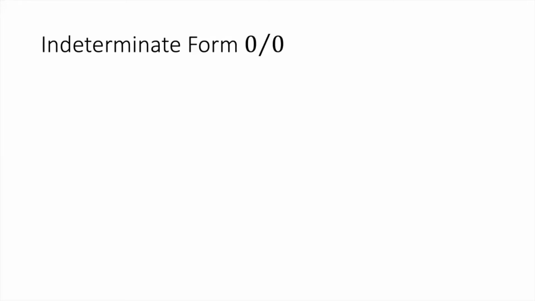So for example, here is a classic type of limit problem from early Calc 1. I'm going to switch over to my tablet just briefly to remind you how we did these in Calc 1.